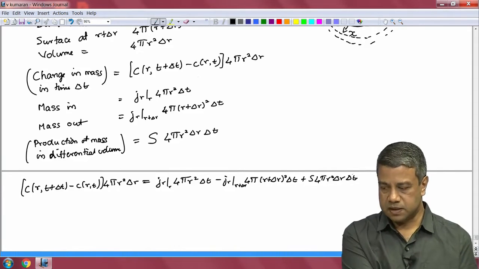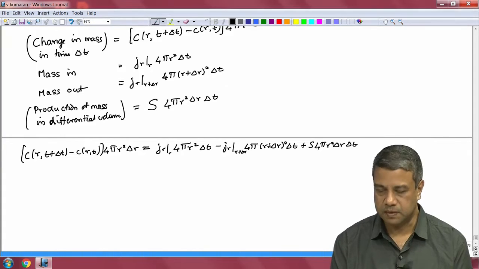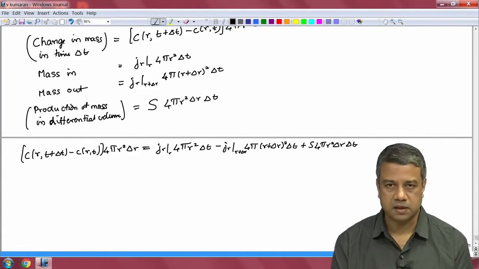So, this is the balance condition: that change in mass has to be mass in minus mass out plus the production in this differential volume.